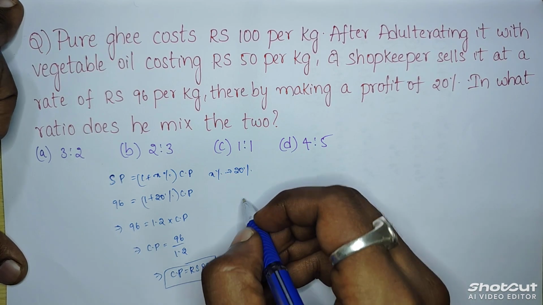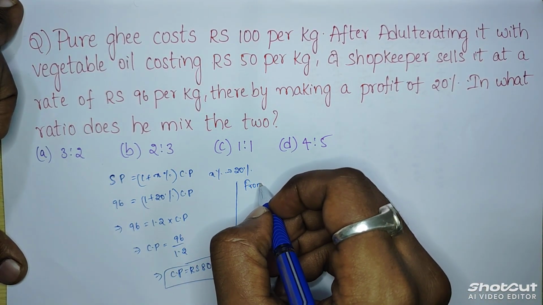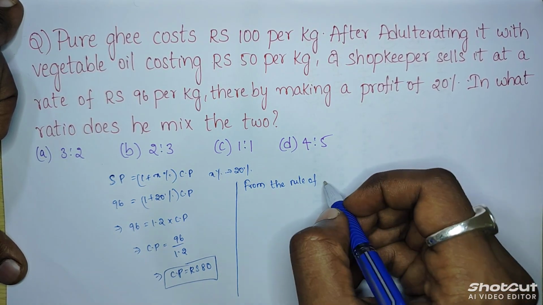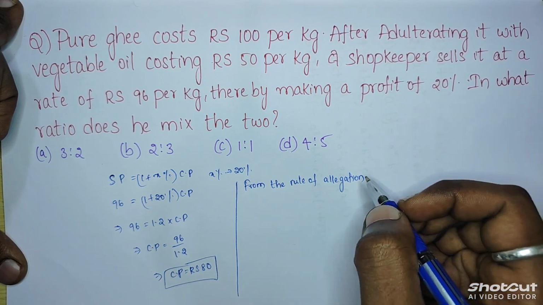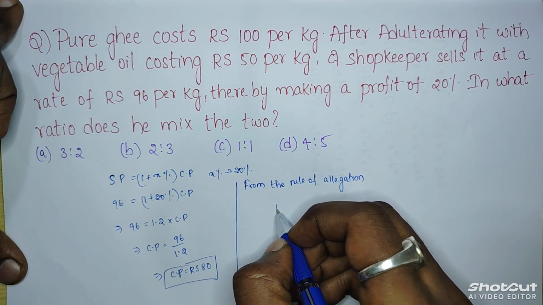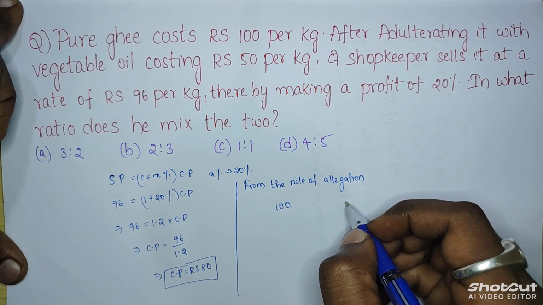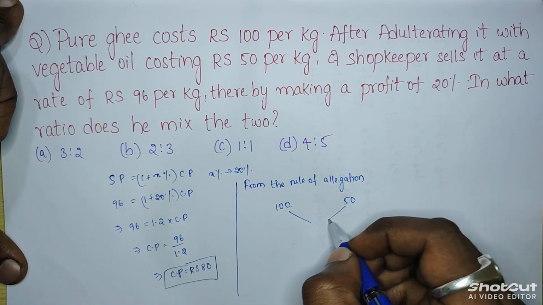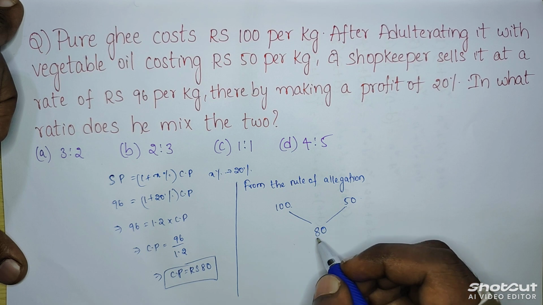Okay, and then from the rule of allegation, observe it carefully: 100 rupees is the cost of ghee and 50 rupees is the cost of oil. So when you mix these two, you get a mixture of 80 rupees, right? This is the cost price.